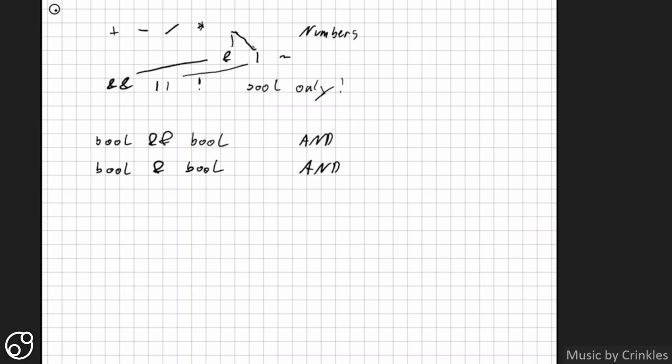The calculation is the exact same for both. Difference is, this one is just straight up evaluate both sides and then combine them with the AND operation. This one is like a smart AND. It's the most common one you will use also.